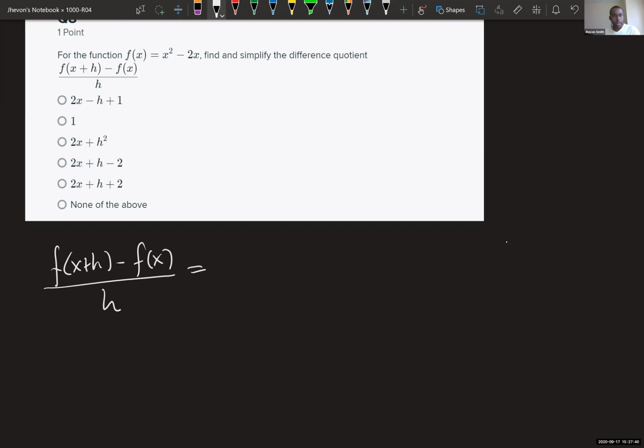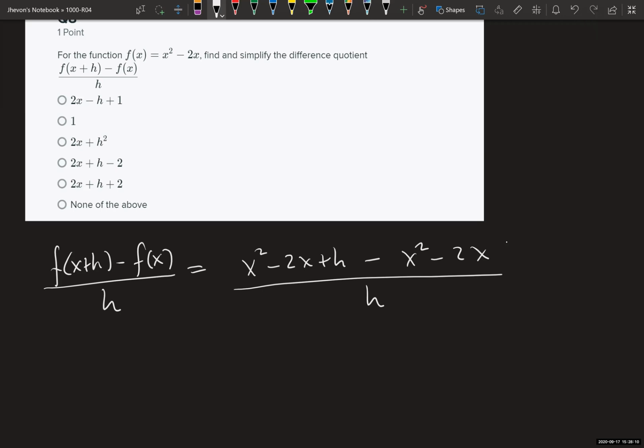All right, what do we plug in? So this is f of x plus h, so that's x squared minus 2x plus h minus x squared minus 2x, yeah? Agreed?